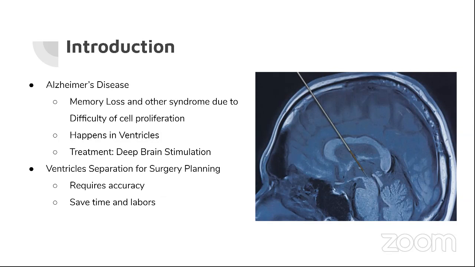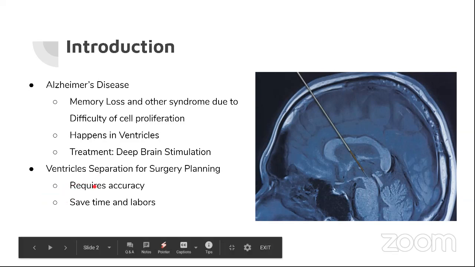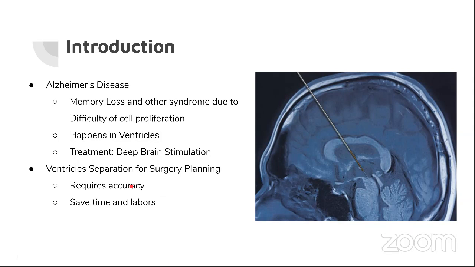And because 3D MRI image could only give us the whole brain image, it is really difficult to know the precise position for the ventricles. So a traditional solution for this problem is to use physicians to manually separate out the ventricles part from the whole brain image. But it really depends on how the physician takes care of the image data.